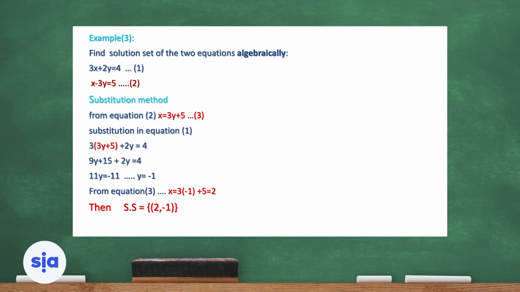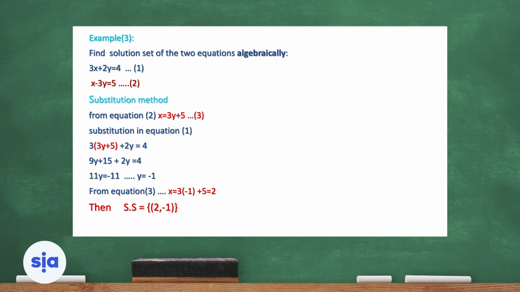So now this is 11y equals 4 plus -15, this is -11. When you solve for y, y equals -1. Then you can go to any of the equations, substitute y by -1 to find the value of x. For example, let's go to the first one. 3x plus 2, and we put -1 instead of y, equals 4.